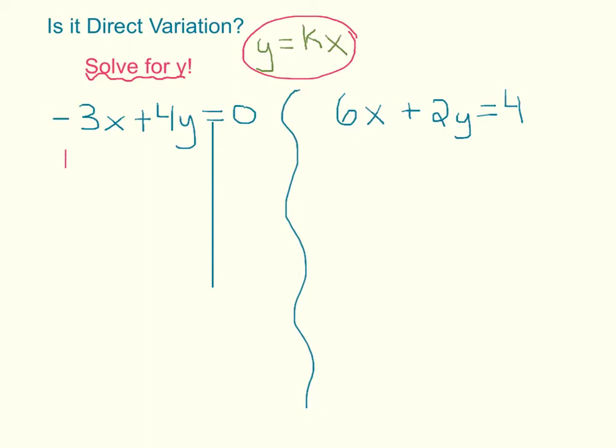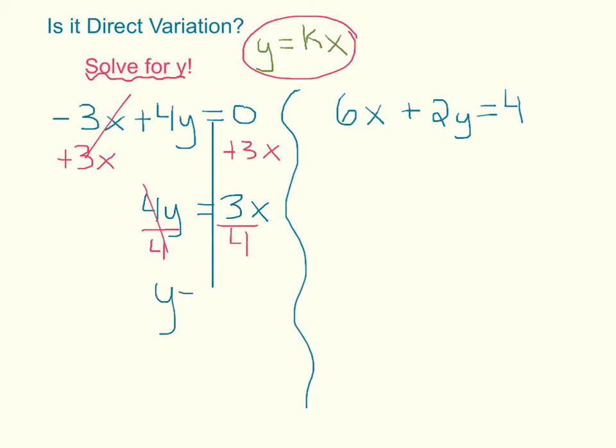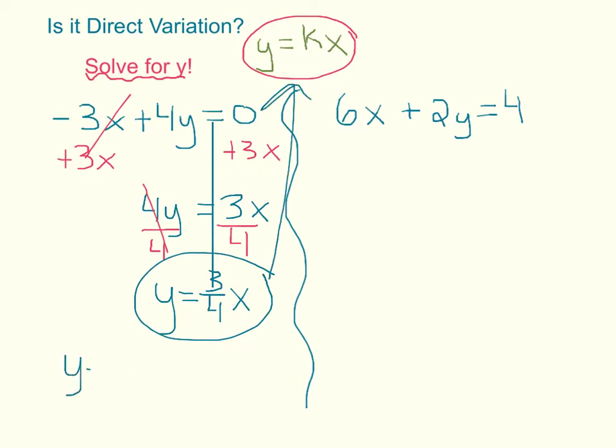I need to add 3x to both sides, so I'm left with 4y equals 3x. Now divide both sides by 4, so I have y equals 3/4 x. In this case, after you solve for y, it is in the right form. So yes, it is direct variation, and the constant of variation, k, is equal to 3/4.